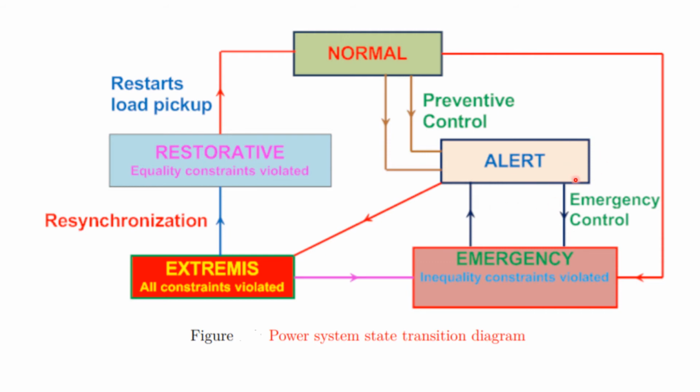So this is your alert state. Third one, emergency state. If any severe disturbance occurs, the power system enters the emergency state. This emergency state may come directly from the normal state or from the alert state. Here the operating constraints are violated, even though the load constraint is satisfied.